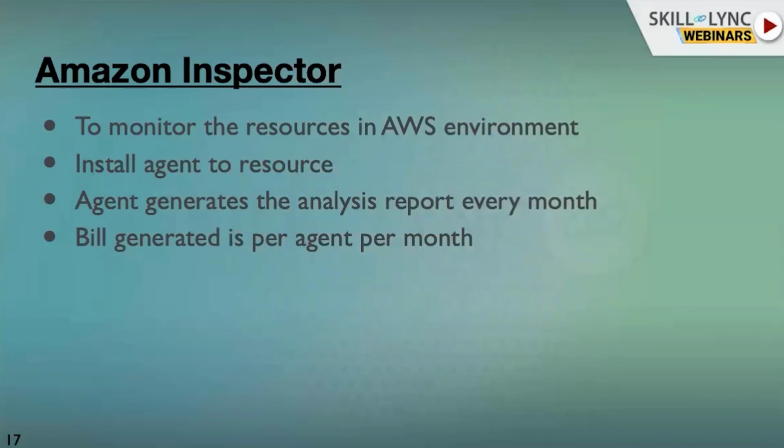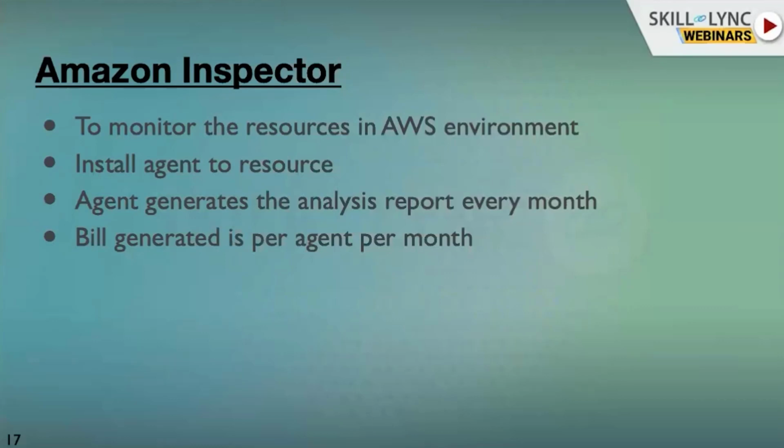Once we install it, this agent in Amazon Inspector will generate reports and deliver them to us. That is, we don't need to log into the resource or spend more time doing health checks. This inspector will give the health checks, downtimes, and traffic available. It will send an analysis report every month.